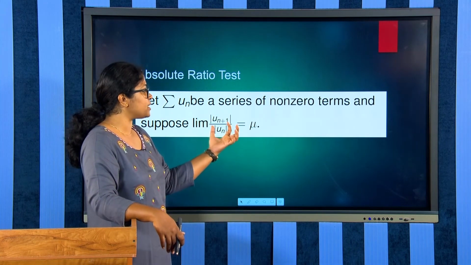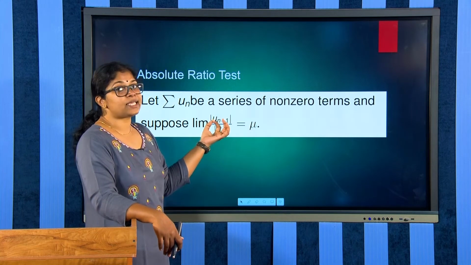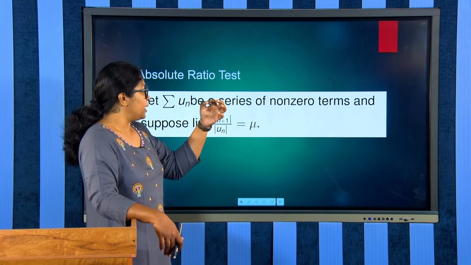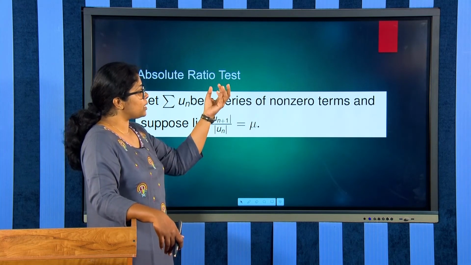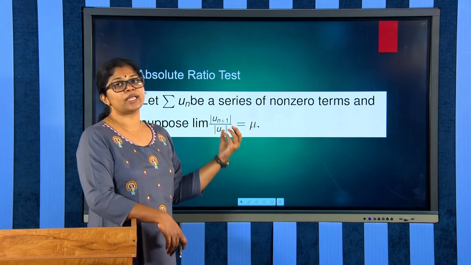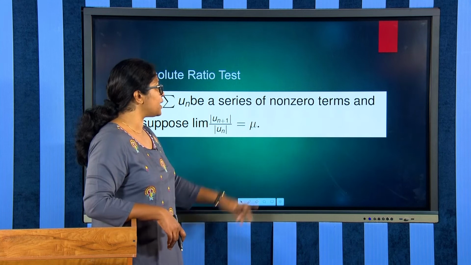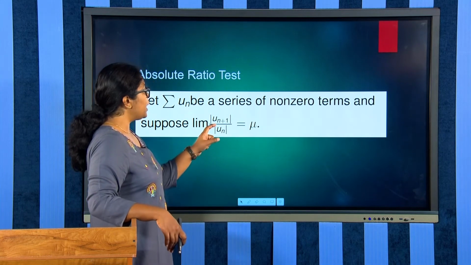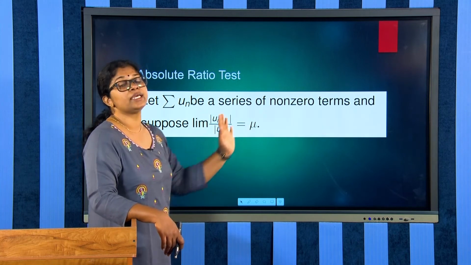Then only we will be getting a ratio as less than 1. So, in that case it satisfies something like our comparison test, and so the terms are getting smaller and smaller. So, there is a possibility of convergence. That is exactly what is said in the case of convergence. If mu is greater than 1, what happens? The terms are increasing.